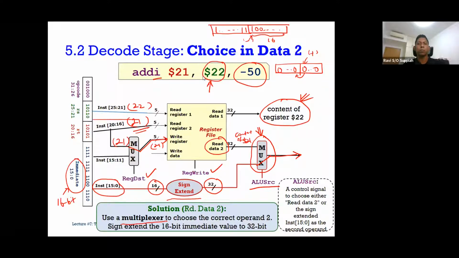For example, for branch instructions, we will calculate the branch address anyway, even if it's not a branch instruction, because we always want to have the data ready for us to use at a later stage. Okay, so let me look at the question, the load word instruction.